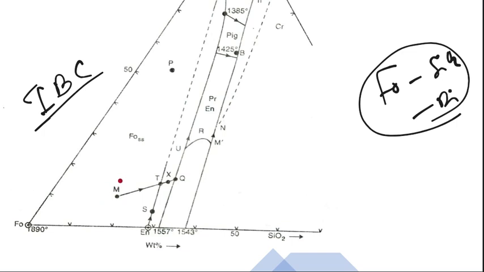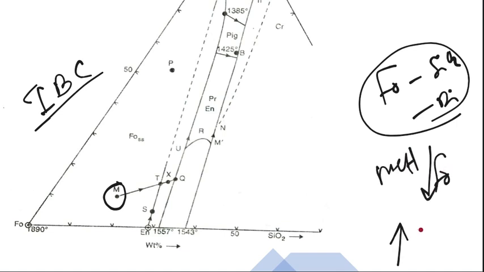Phosphorite will continuously form, and the melt is continuously depleting in phosphorite and being enriched in SiO2 and diopside. So now what will happen?